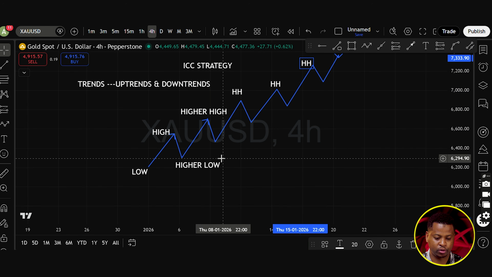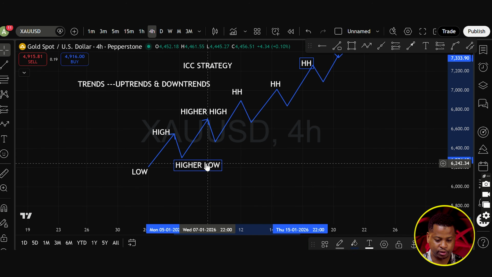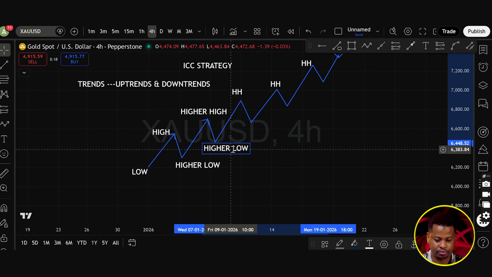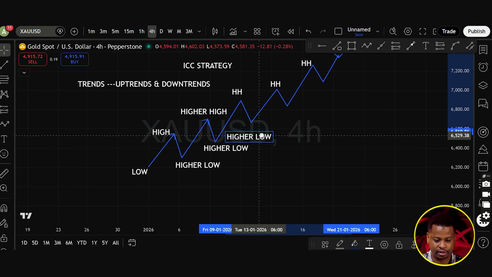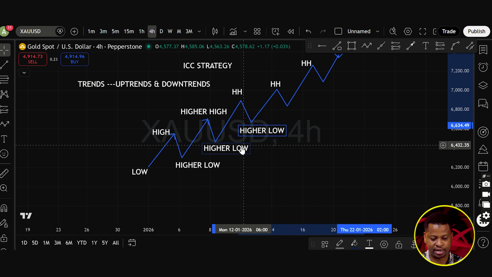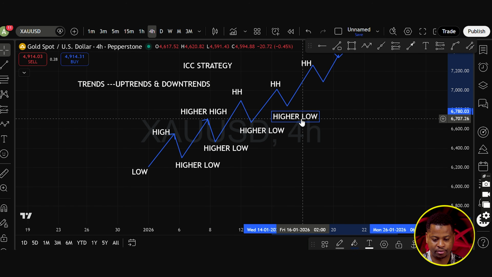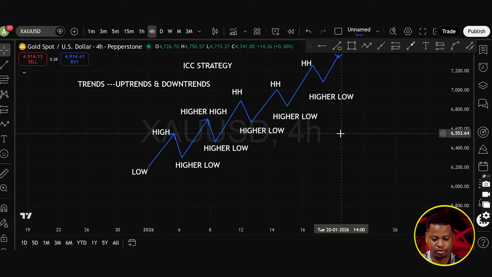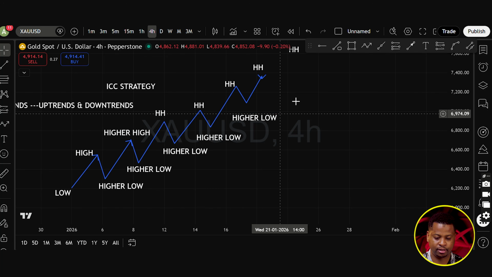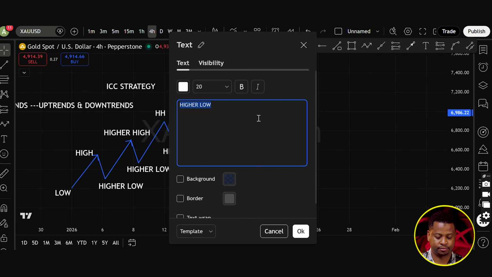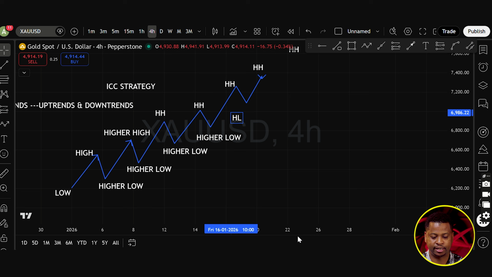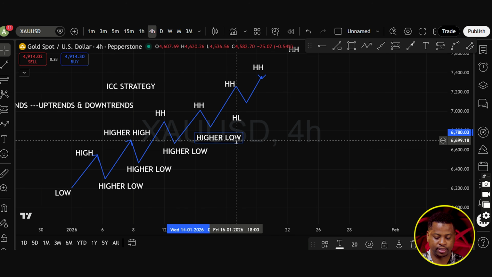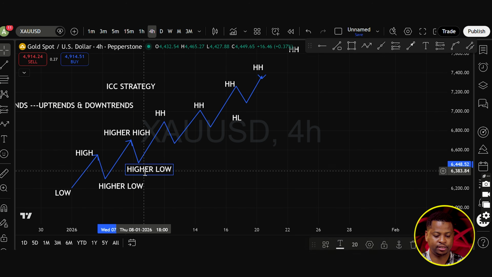Okay, and now here you're going to have another higher low, higher low, higher low. You can even write HL. You can just write HL like that, so that we don't fill up the whole space.